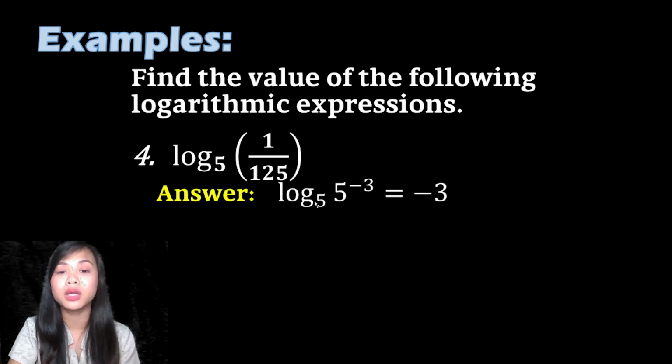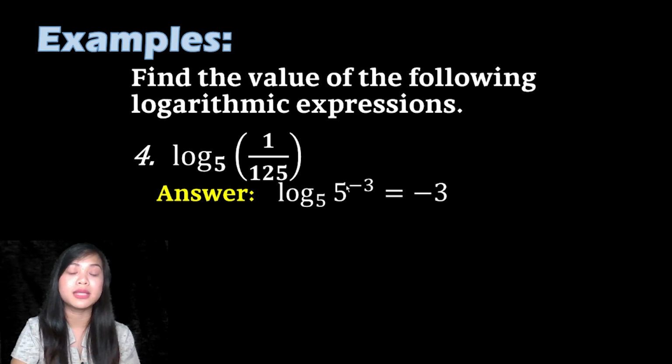So we have log base 5 of 1 over 125, and 1 over 125 is the same as 5 raised to negative 3. That means negative 3 is our exponent, so the answer equals negative 3. How? When we have a negative exponent, we need to turn the value into the denominator.